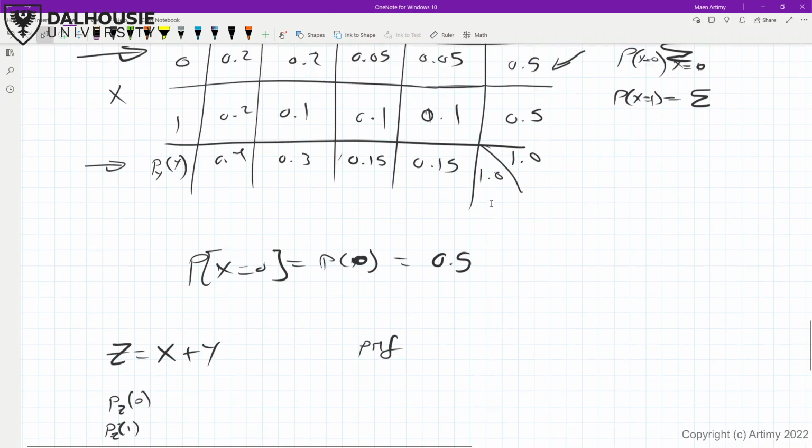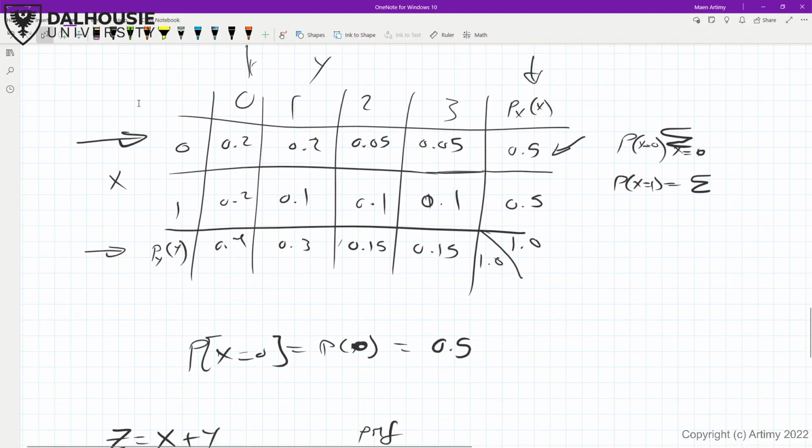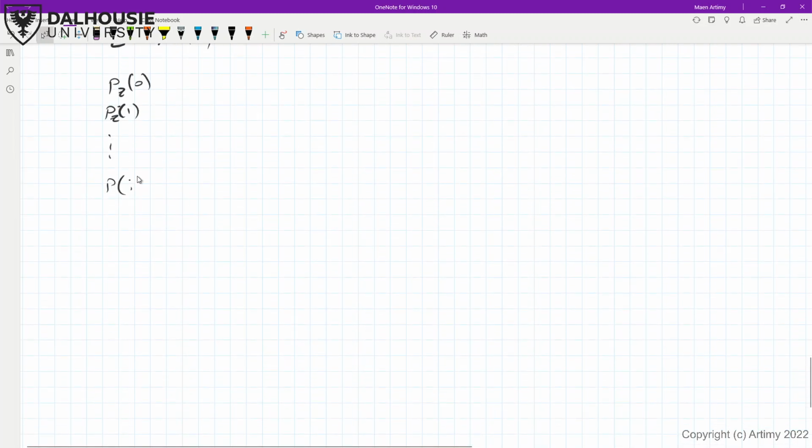We know that x goes from 0 to 1, and y goes from 0 to 1, 2, 3. So the maximum number of errors in the first module is 1, and the maximum number of errors in the second module is 3. So z goes from 0 to 4, right?